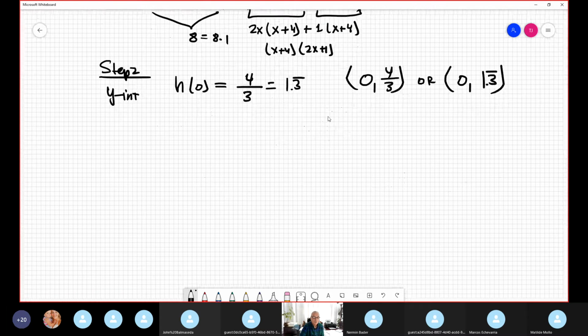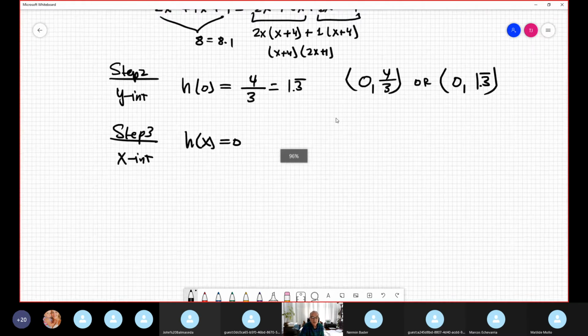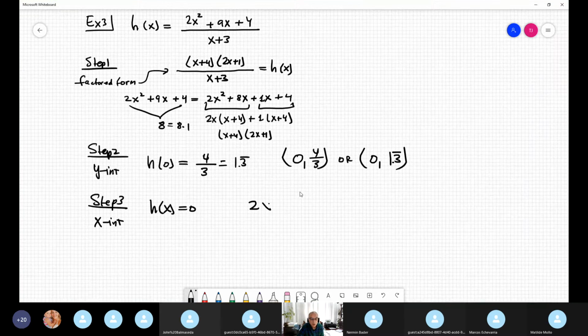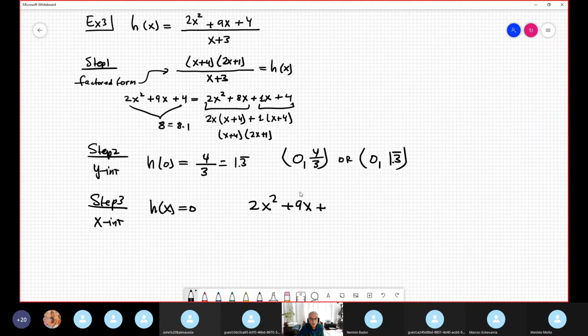So far, follow me, everyone. Step 2. Step 3, sorry. Yes. Step 3. What is the step 3? X-intercept. And the formula is h of x is equal to 0. So basically, the only thing you should do is put the polynomial in the top, 2x squared plus 9x plus 4 equal to 0. And you solve this quadratic equation, but much better, you take the factor form, which we did before.